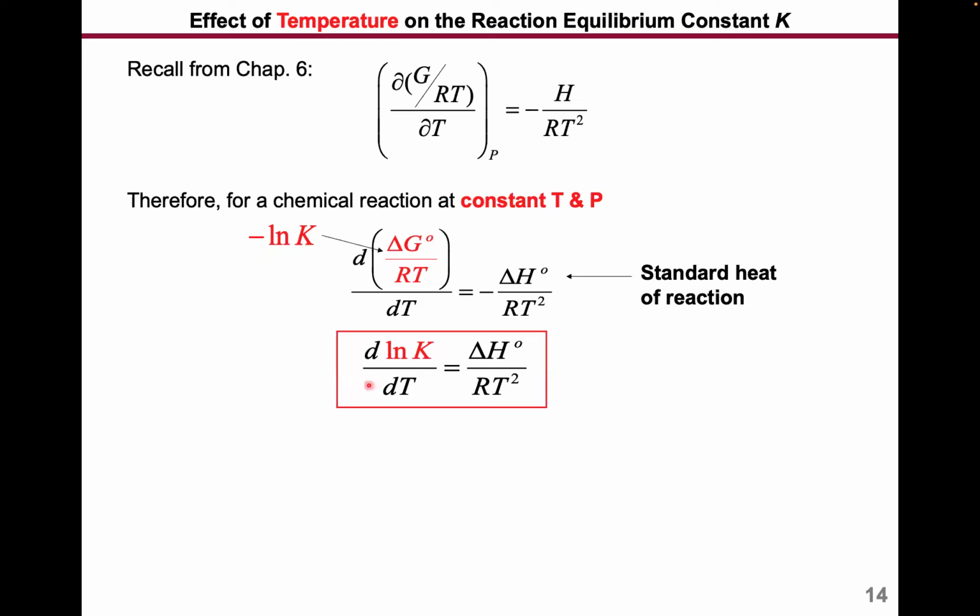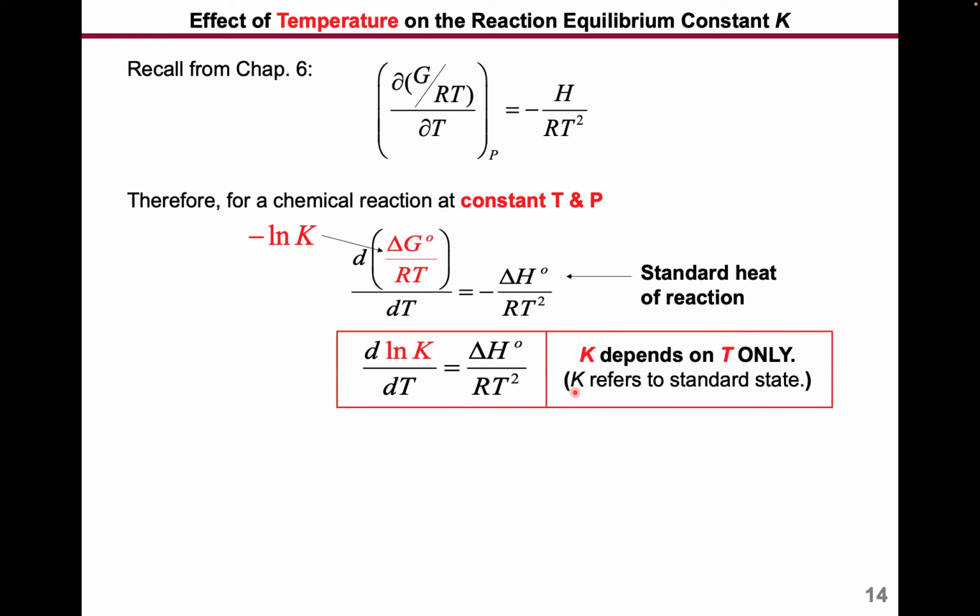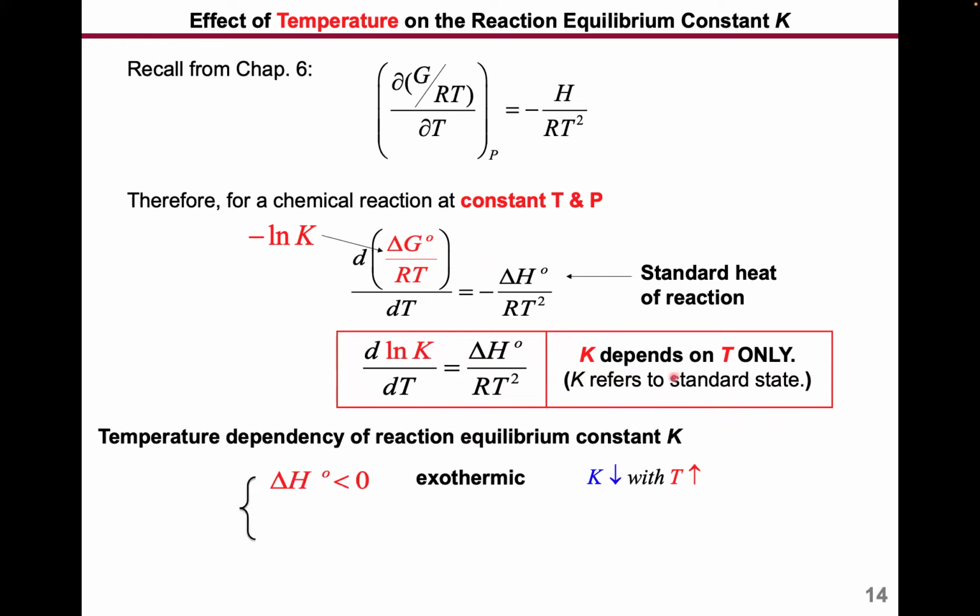So d ln K/dT is just equal to delta H° divided by RT squared. Okay. So here you can see again, K depends on temperature only because K refers to a standard state. Standard state is because we already specify the pressure being 1 bar or 1 atm. So you no longer have any pressure dependence for this standard state system.